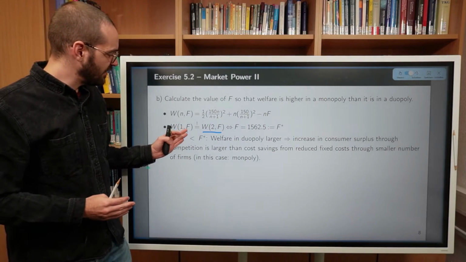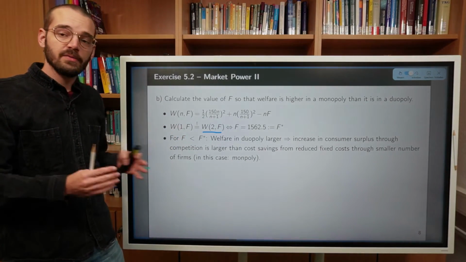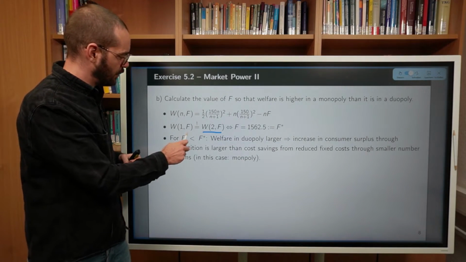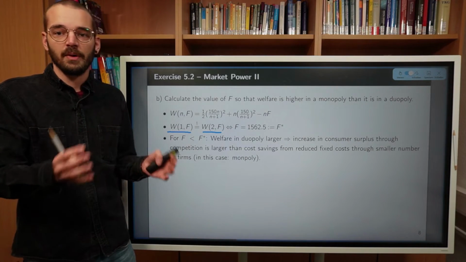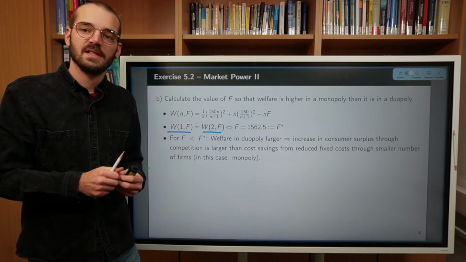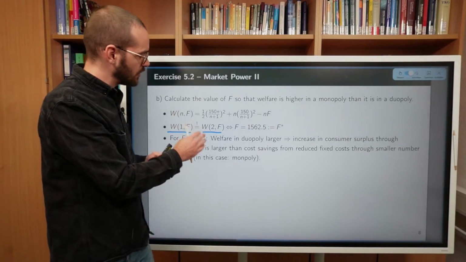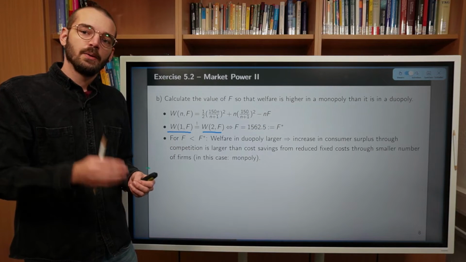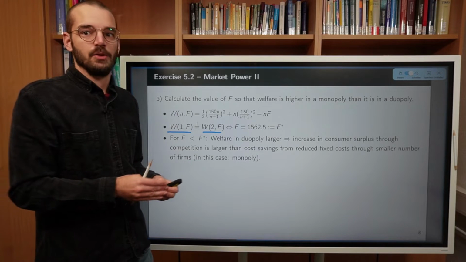So we define first the function of welfare for one firm in the market, the monopoly, so n equal 1, with capital F still as a parameter, so the function for the welfare with one firm in the market as a function of the fixed costs in the market. And then in addition we find the function for welfare for two firms in the market, so n equal 2, as a function of the fixed costs as well, similar to what we just did.